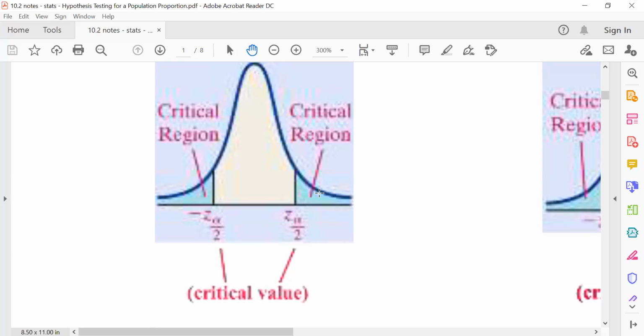The area under the curve outside these z-scores is equal to alpha. And if you end up with a test statistic that's in the critical region, you're going to reject the null hypothesis. If you end up with a test statistic that is not in the critical region, that's in this middle part, you're going to fail to reject the null hypothesis.